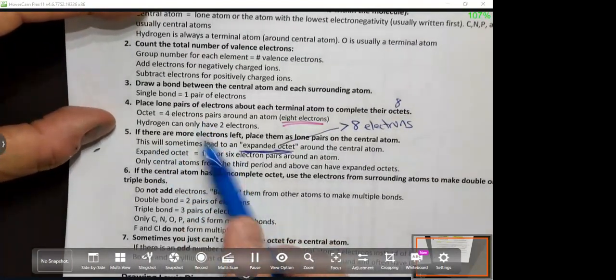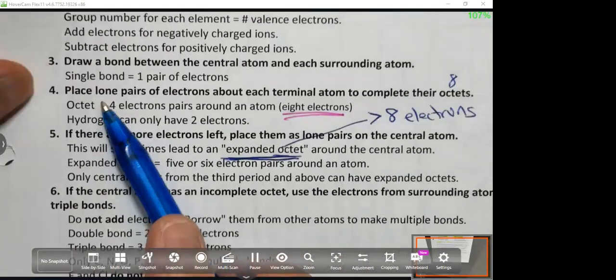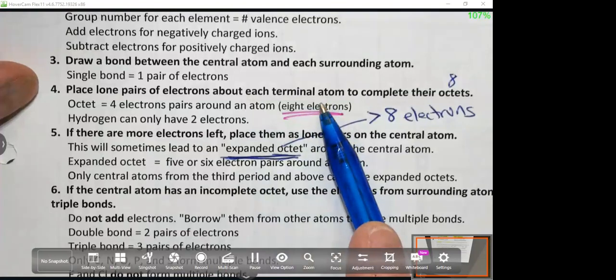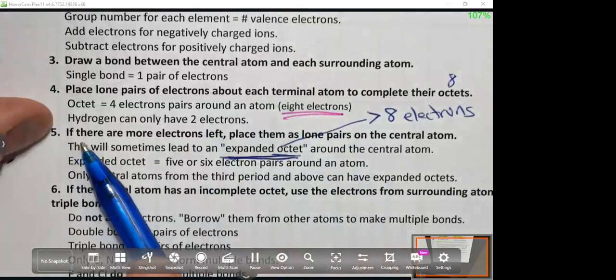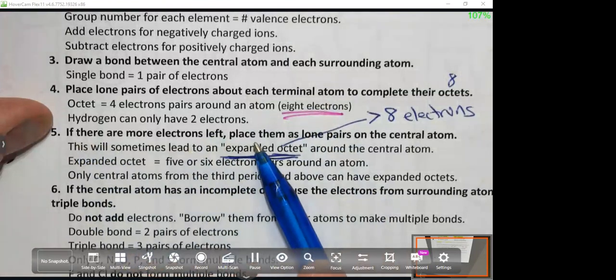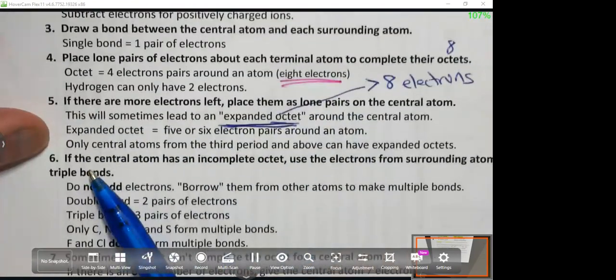So we just did number 4, right? We placed lone pairs around each terminal atom. Number 5, if there are more electrons left, there are not more electrons left. We go to step 6.